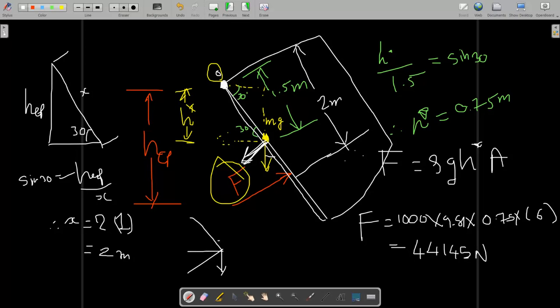If this angle is 30°, the overall angle is 90°, so 90 minus 30, that is 60°. Clear up to here? And this is mg in vertical direction, we have to find in this inclined direction, and this angle is given to us 60. So we will use the equation of cos theta, cos 60.